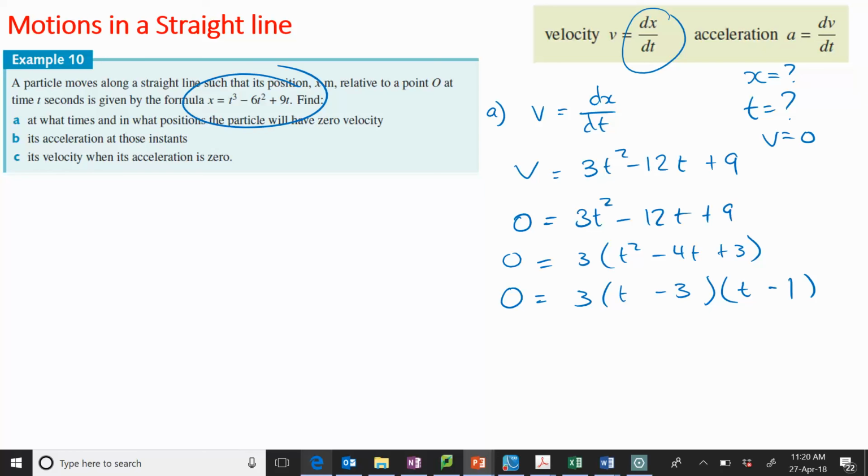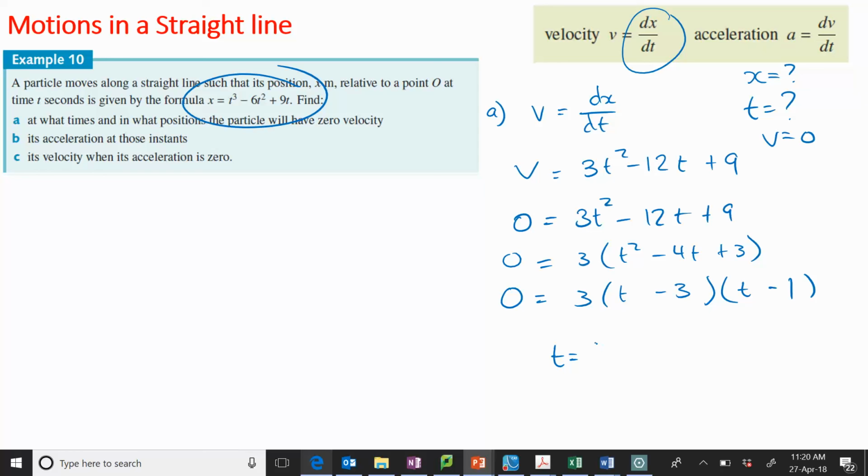Okay, now if I were to solve this, what would t, which is the time that we're trying to find when the velocity will equal 0, be? T equals 3 and 1.